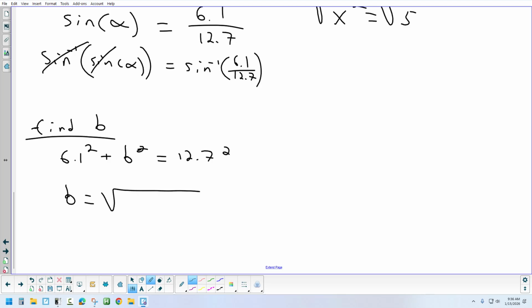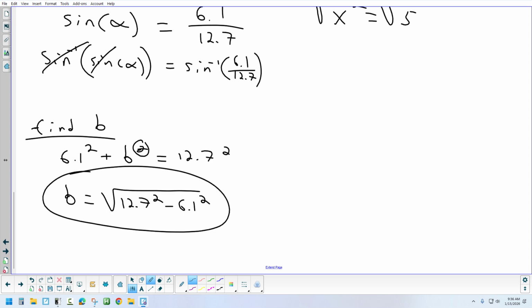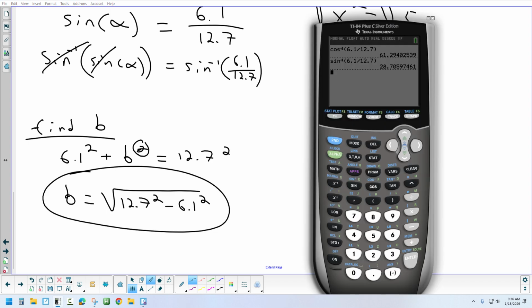So if we solve that just by rearranging it, we're going to have 12.7 squared, subtract the 6.1 squared, and then we would have to take the square root to get rid of that exponent of 2. So that is our answer for B, and I'm going to type that all in one step.